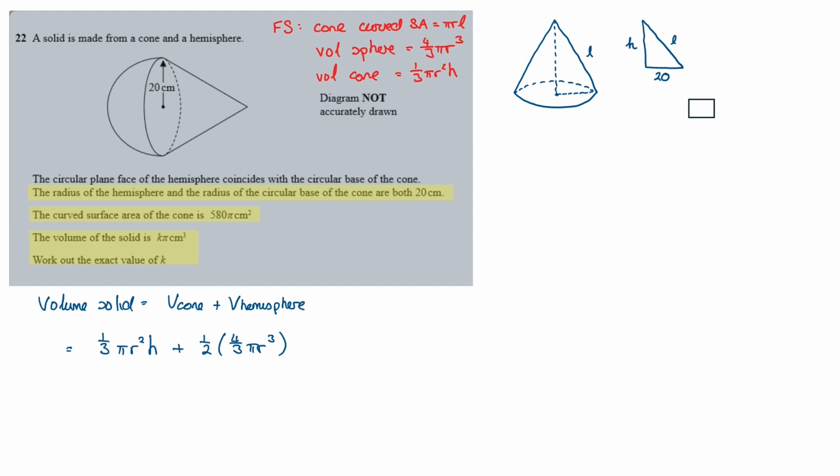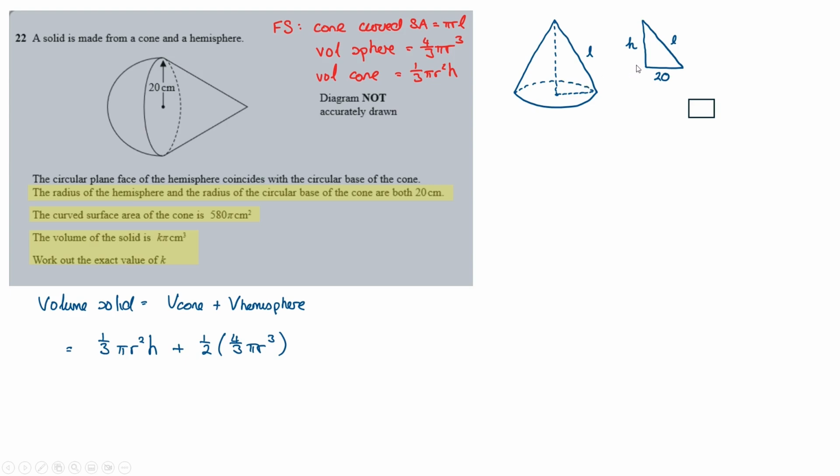And the other thing I know, which is the key to the question, is if it's a right cone, in other words, the center of the cone is directly above the center of the base, I know it's also a Pythagoras question where L is my slanted line, 20 is my radius, which is here, and h is the thing that I want. Again, this is a Pythagoras question.